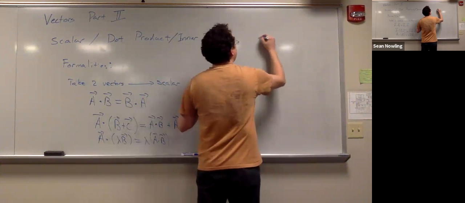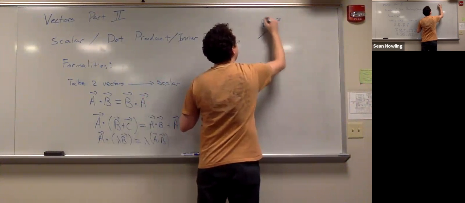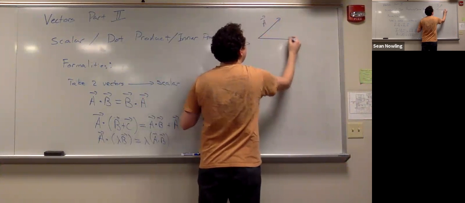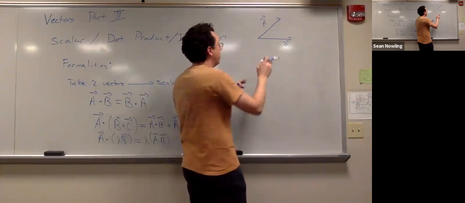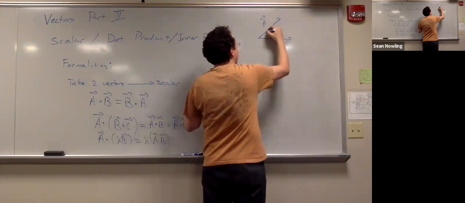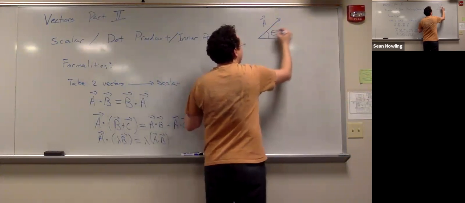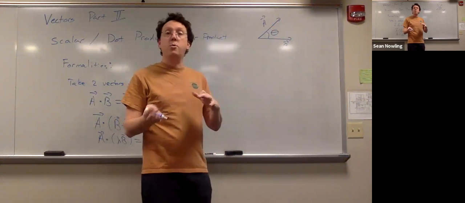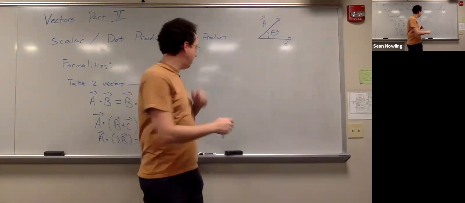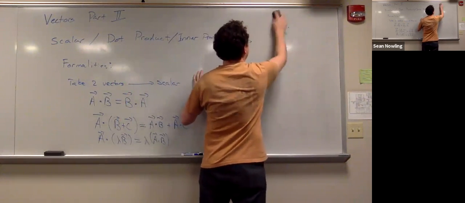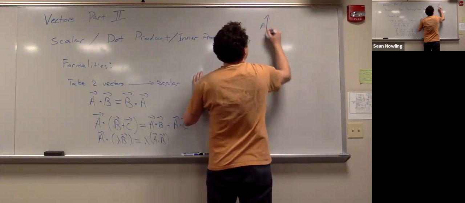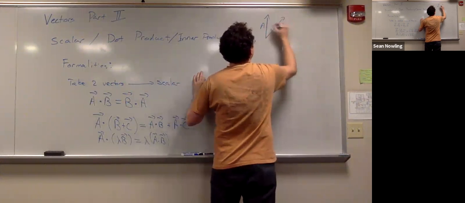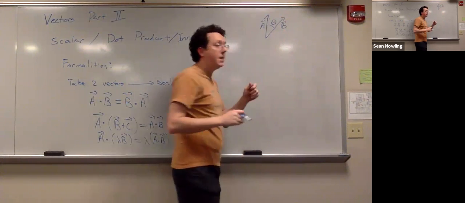Let's imagine that I have a vector A and another vector B. Remember, you can slide them around, but I'm going to draw them so that the two tails match, and the angle between them is called theta. So theta is the angle between the vectors.